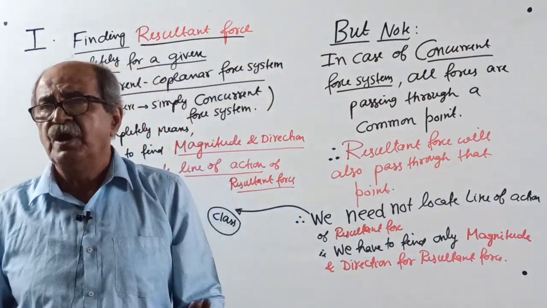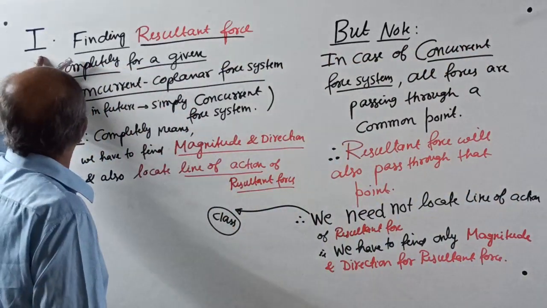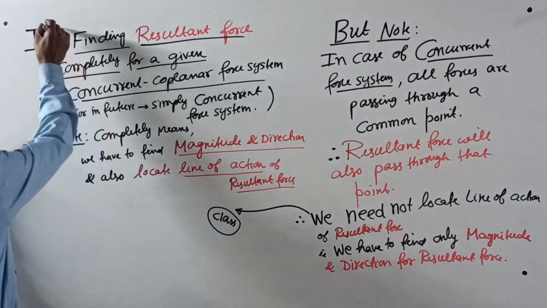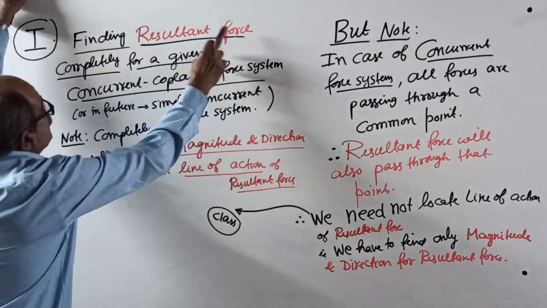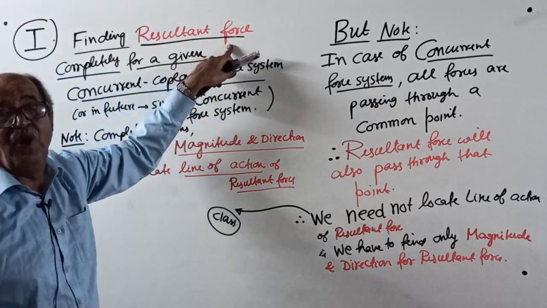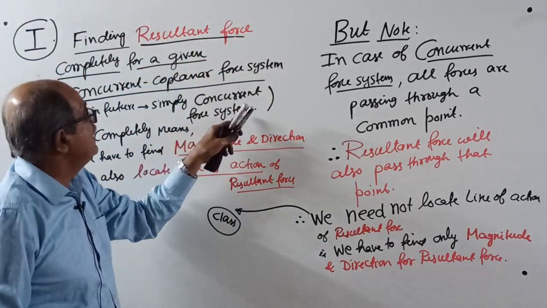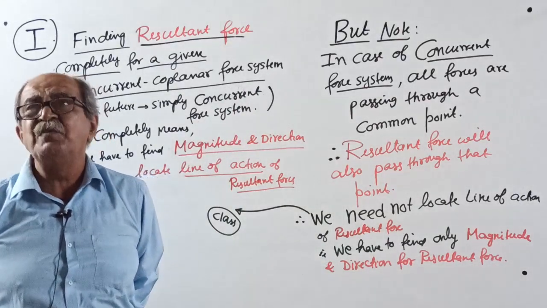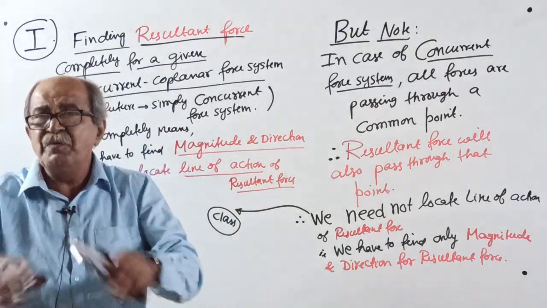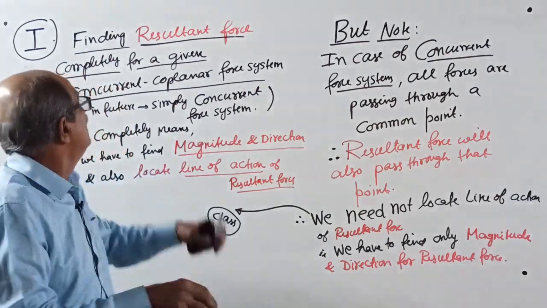Now we are starting Roman 1. Finding resultant force. I wrote force because I am discussing a concurrent force system. There, resultant cannot be a couple. Why, I will tell you later.